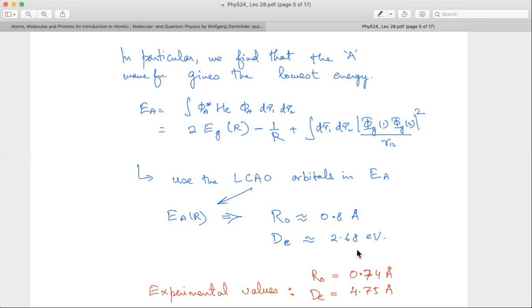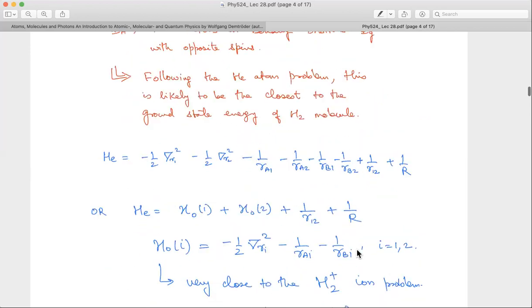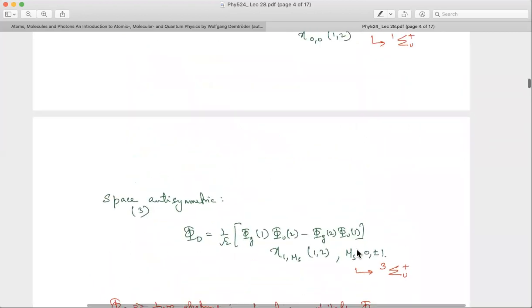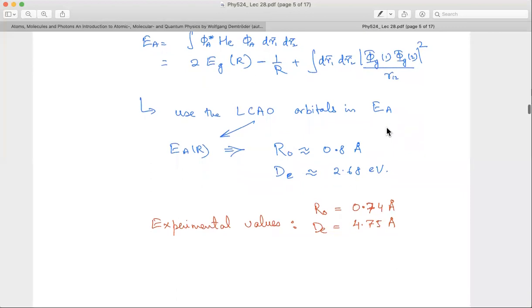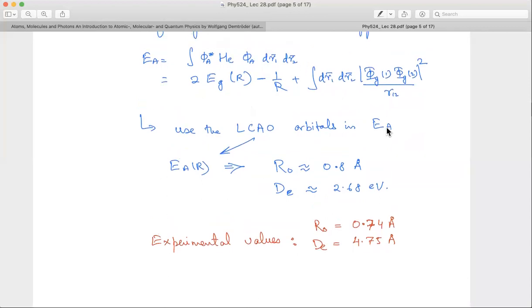Okay. So this is the calculation for the H2 molecule using the LCAO method, first calculating the energy of the H2 plus ion, and then using that to construct these ψg and ψu states, and using those states to construct the triplet and singlet combinations, the antisymmetric wave functions.